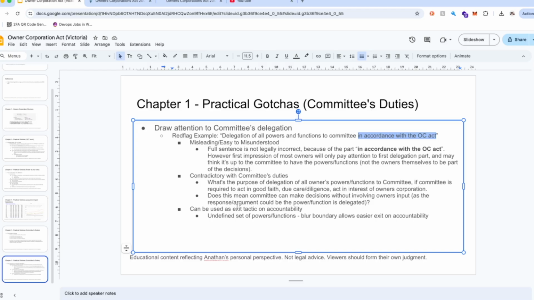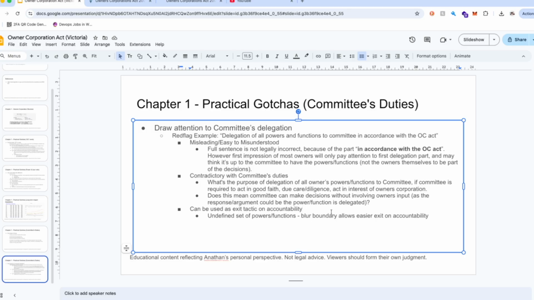Do you have the power to make that decision? They could just refer you to this sentence, and it may mislead you to think that, okay, the power and function has been delegated. You may miss this part very easily.